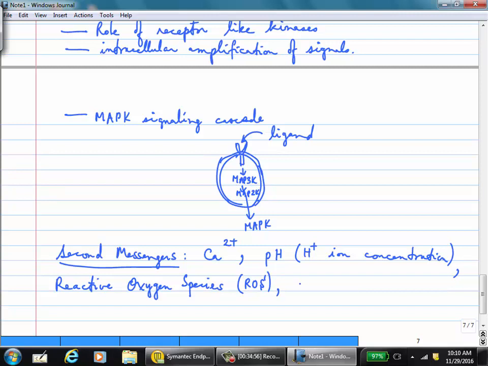Then you can have lipid signaling molecules. For example, diacyl glycerol.